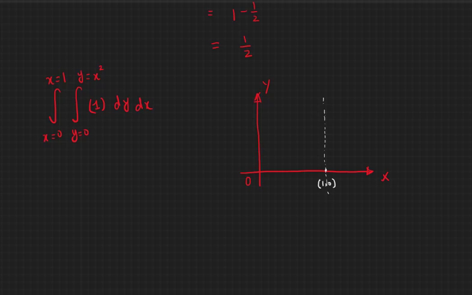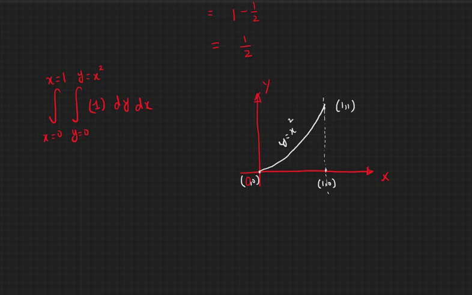y equals to x square is basically the parabola. So the parabola should pass through 0 comma 0, and it also passes through the point 1 comma 1, and it is something like this curve, and this is the equation y equals to x square.